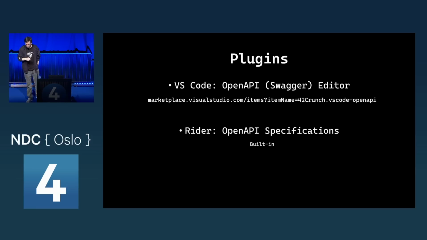In terms of actually working with this stuff, in VS Code there are multiple extensions for working with OpenAPI YAML files. The one that I recommend is by 42Crunch. They're all okay, but the 42Crunch one has just been the most stable, provides the best IntelliSense, provides the best red squiggles, all that sort of thing.